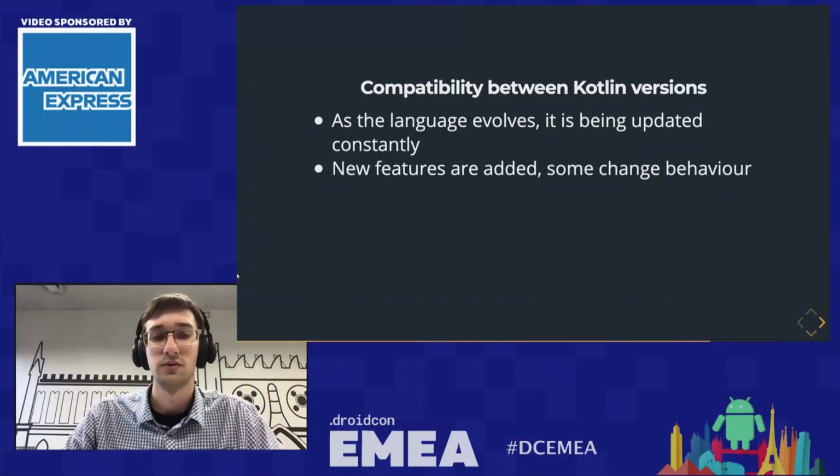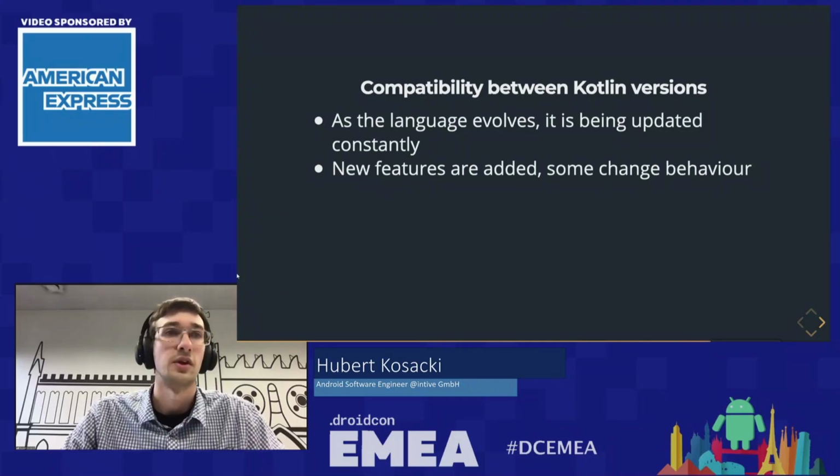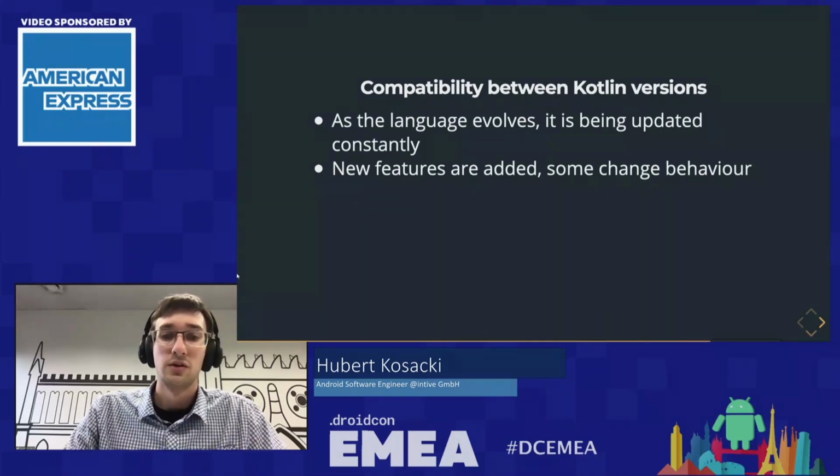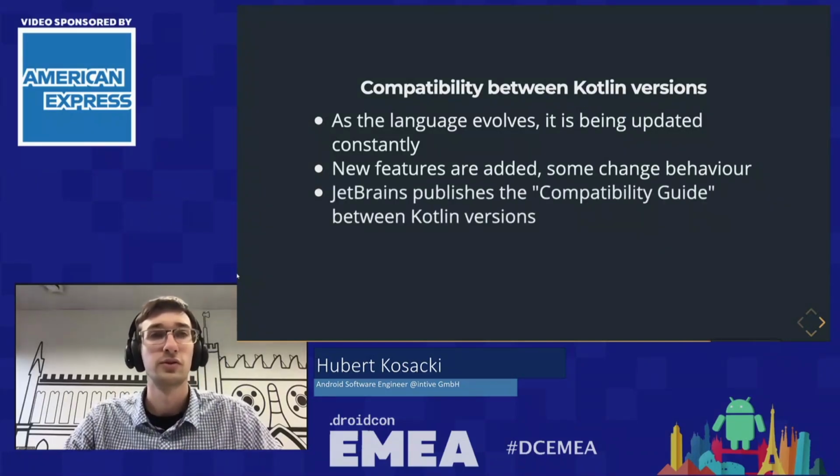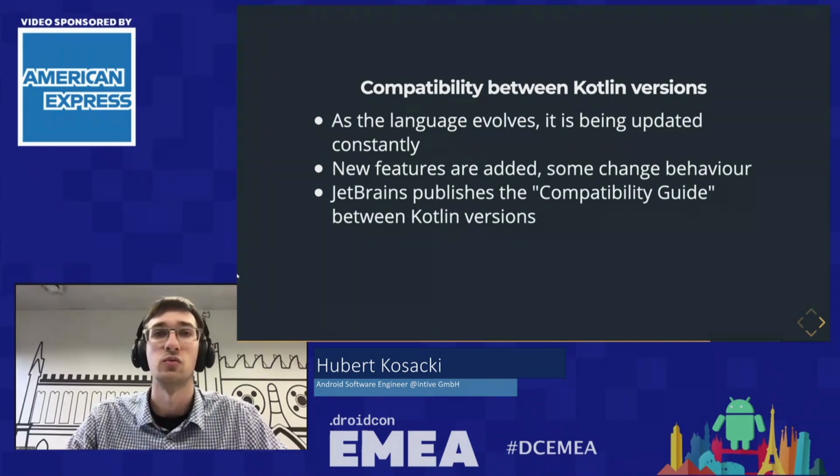And this also leads us to another point, when we need to think about backwards compatibility. The same applies to Kotlin versions. For example, when bumping from Kotlin 1.2 to 1.3 and 1.3 to 1.4, there are also some changes that we need to be aware of. But fortunately, JetBrains publishes compatibility guides between Kotlin versions. So when we migrate between them, we can be aware of what exactly is going on.